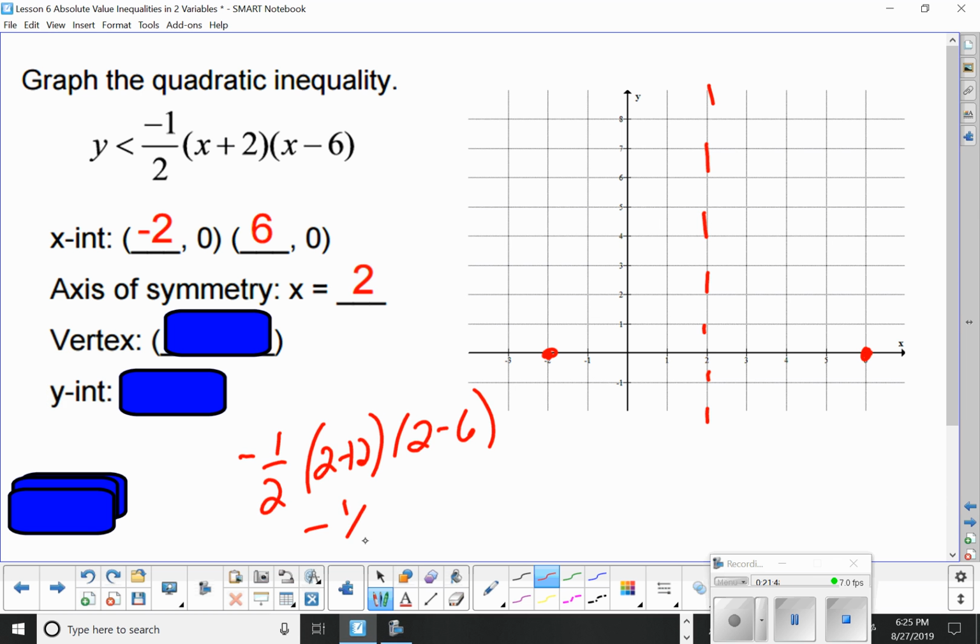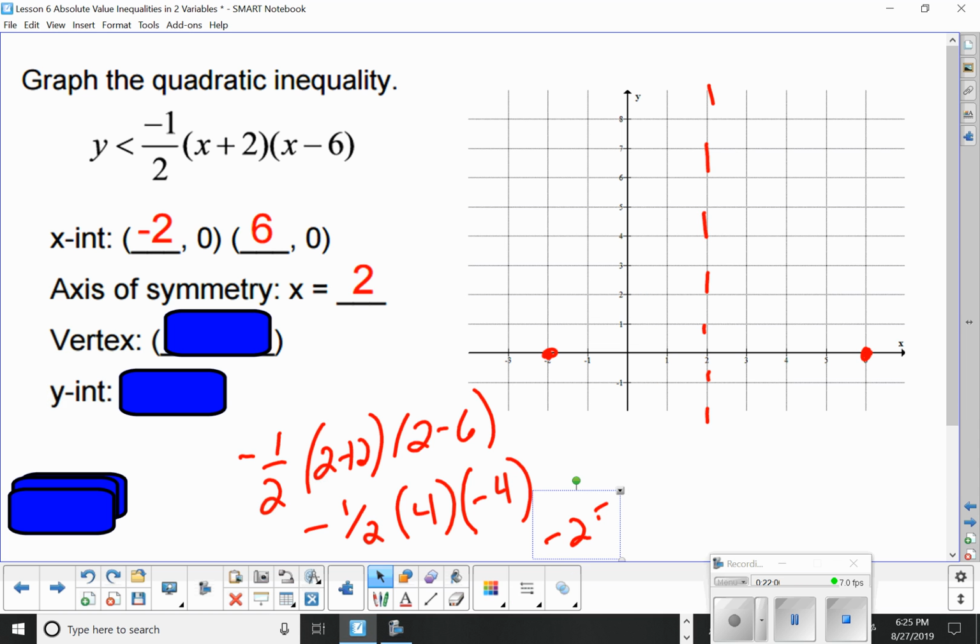This is -1/2 times 4 times -4. -1/2 times 4 is -2 times -4 is +8. So 2, 8, there's my point.